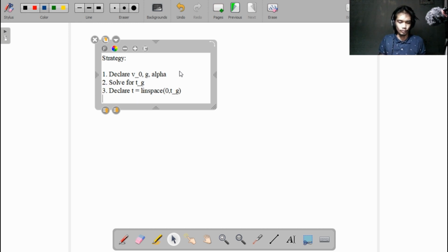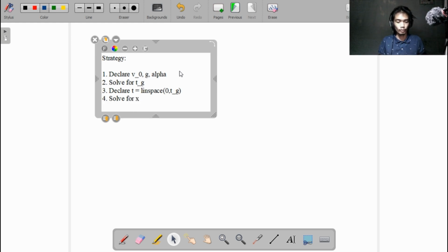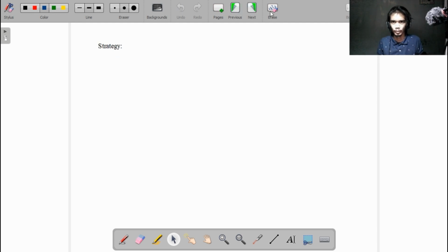Okay, so number 4, we now solve for x. So using the formula that we just have dun sa nakaraan. Okay, maybe I could delete this.